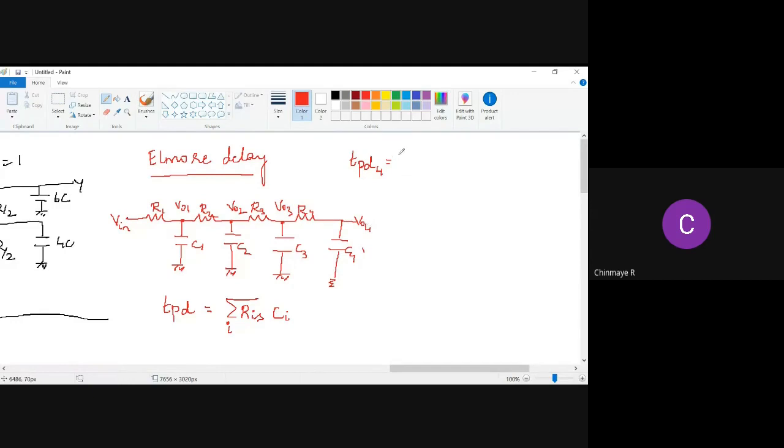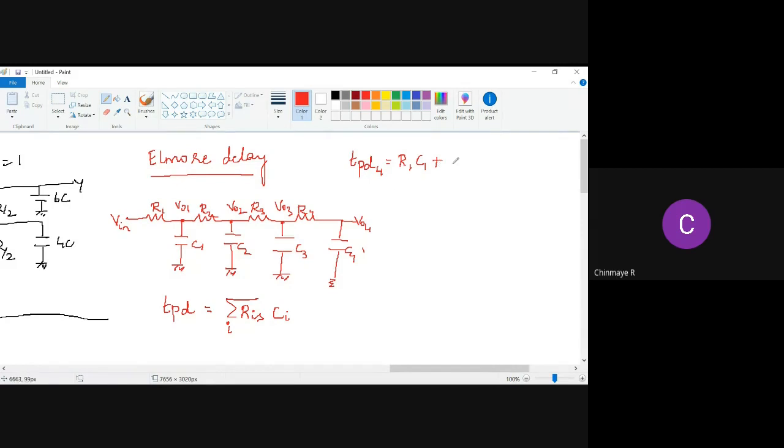So therefore, I can write the delay as, this is an approximate delay, R1 into C1 plus the shared resistance for C2, which is R1 plus R2.